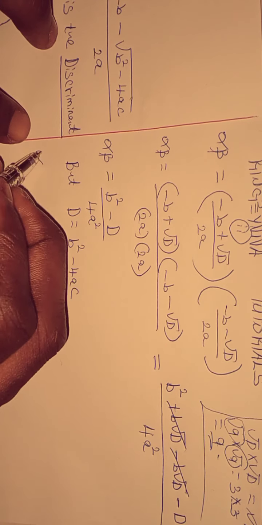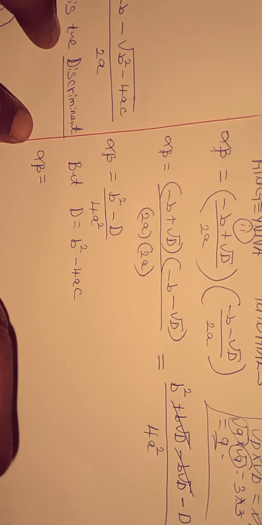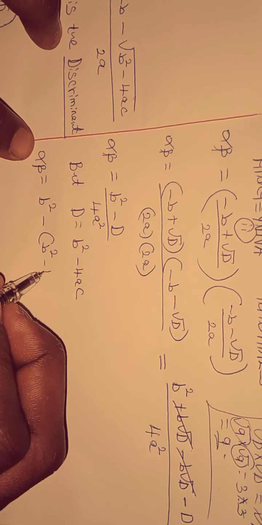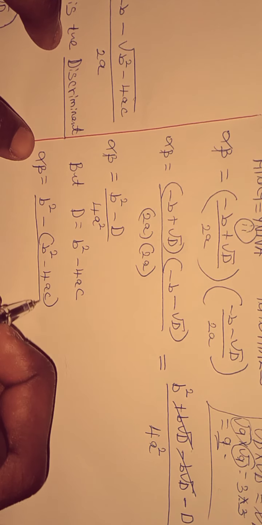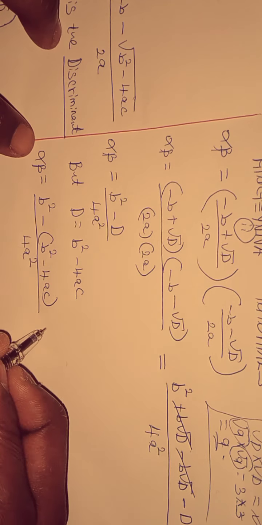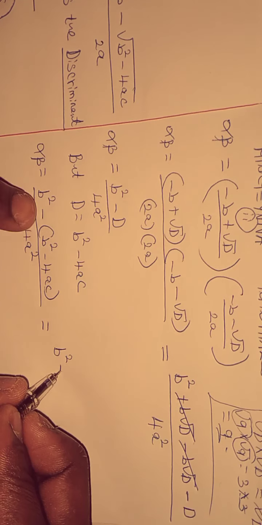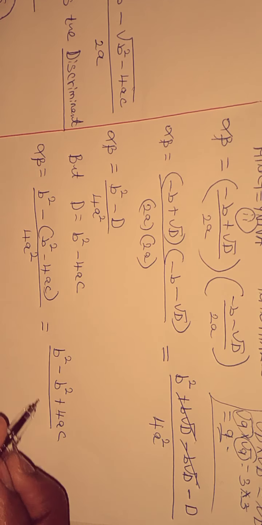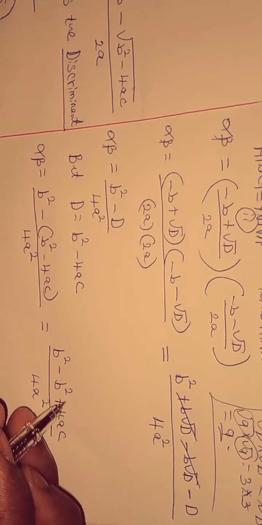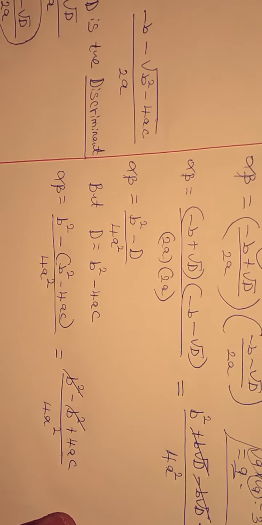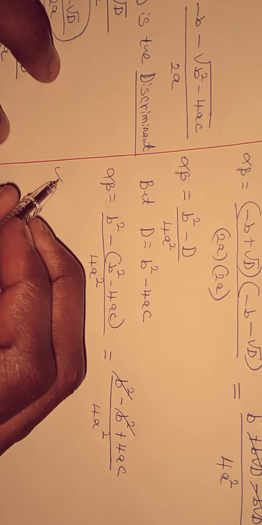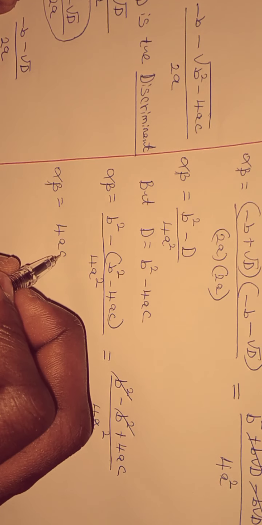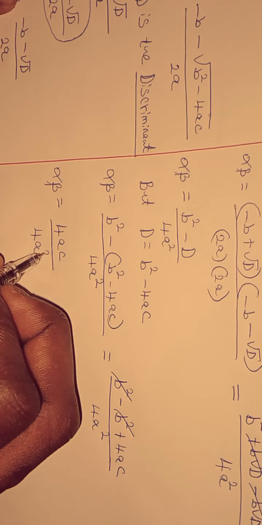So alpha beta will be equal to b square minus bracket b square minus 4ac all over 4a square. This will give me b square minus b square plus 4ac over 4a square, and of course these two are gone, and I'm left now with alpha beta being equal to 4ac over 4a square.